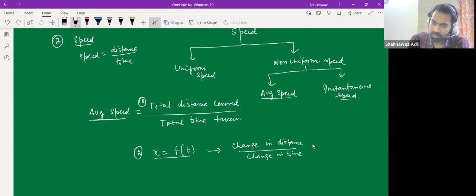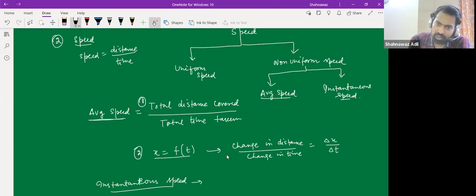This is represented by delta x by delta t. And the third one is the instantaneous speed, which is given by dx by dt.